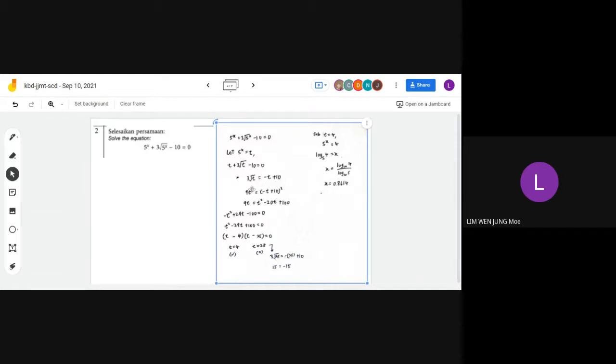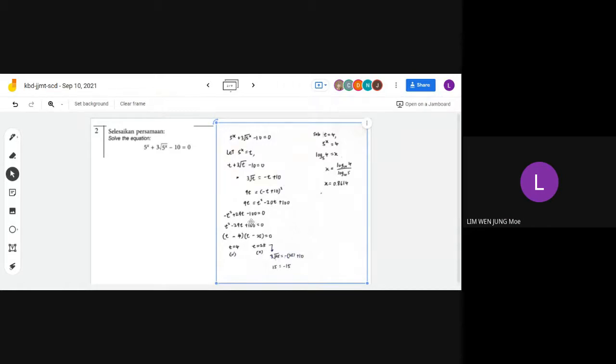And then you square both sides to remove the square root of t. So you get 9t equals to bracket negative t plus 10, power of 2. Then you expand the bracket. You get 9t equals to t power of 2 minus 20t plus 100.